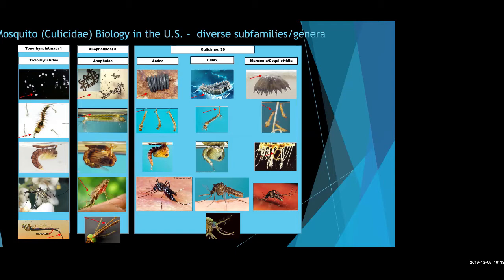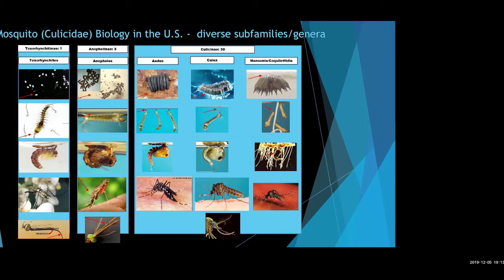And then the largest by far is Culicinae, which contains 30 different genera with roughly 2,000 known or described species. A large number of those are medically important.